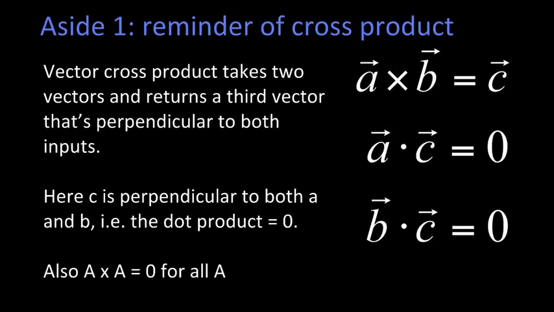The first one is to remember that a cross product, A cross B, gives you a new vector C. And that vector C has the property of being perpendicular to both A and B. You may also remember that the magnitude of that vector is equal to the sine of the angle between them, which should make you realize right away that if I take any vector A cross itself, that's going to be 0, because the angle between the vector and itself is 0, the sine is 0. So A cross B gives you C, C being perpendicular to A and B, and A cross A is equal to 0 no matter what.